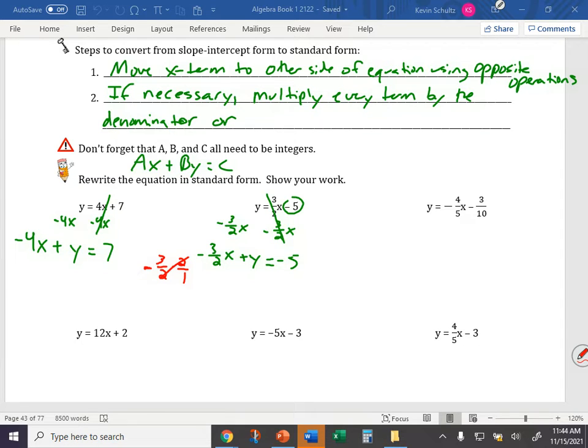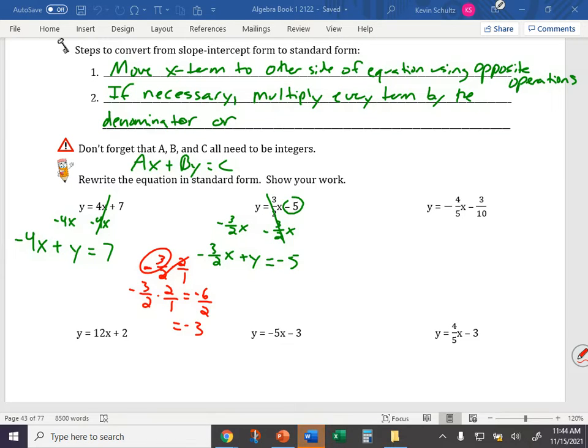If you actually multiply it out, so we have negative 3/2 times 2 over 1, and you multiply straight across, you get negative 6 over 2. What does negative 6 divided by 2 equal? Negative 3, right? The same thing we would get if those 2s cancel out.